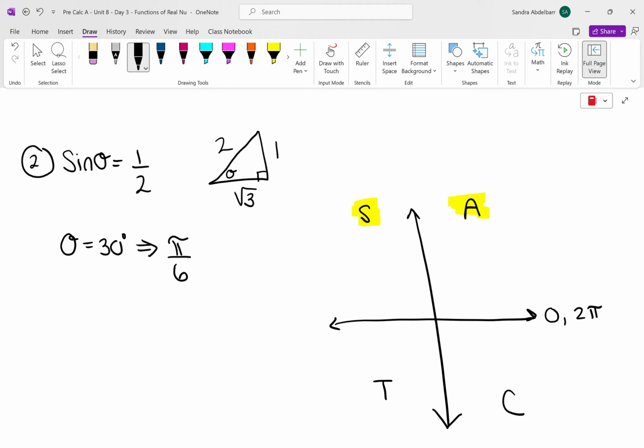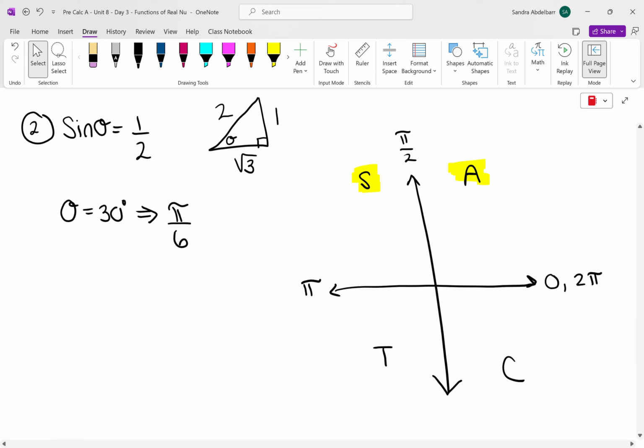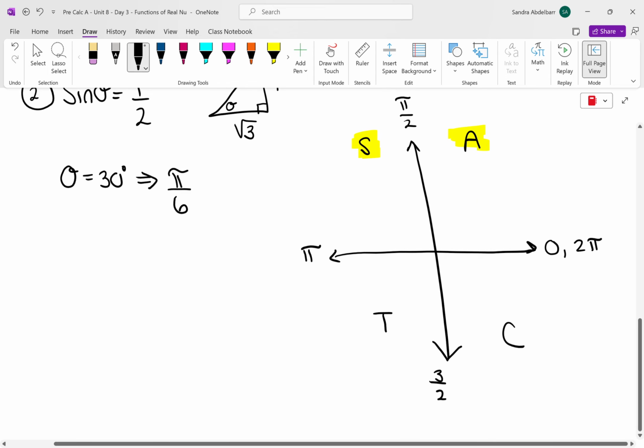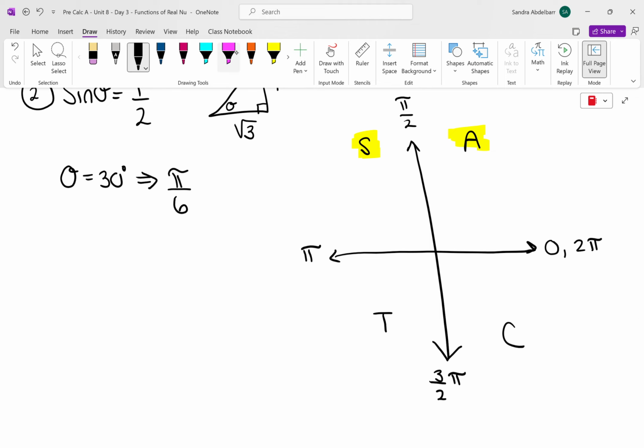So we're 0, 2 pi, pi over 2, pi, 3 over 2 pi. Now I want to make all the quadrant angles with the same denominator as my reference angle. So my denominator is 6, so I'm going to try to make all the quadrant angles have denominators of 6.